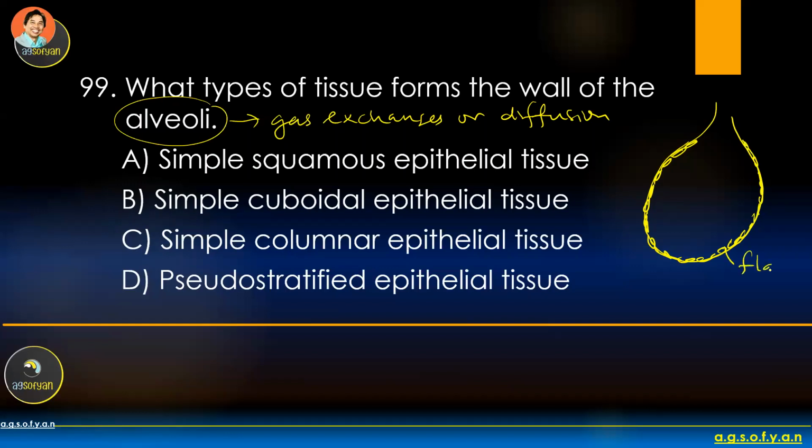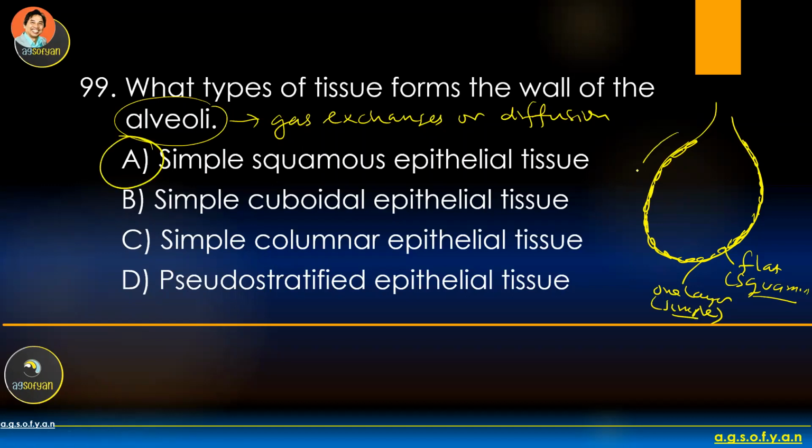Flat, or squamous, 1 layer, or simple. So if you combine this, the wall of the alveoli consists of simple squamous epithelial tissue.